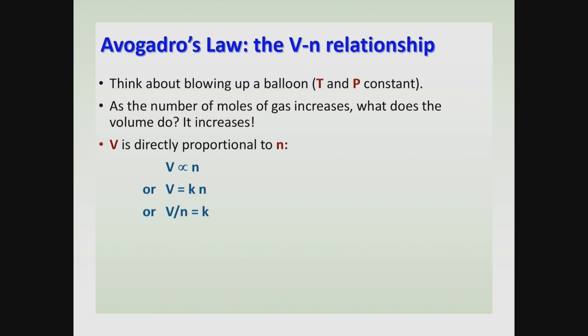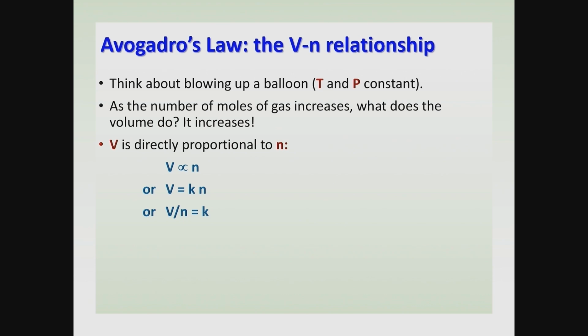And so we can write that in a pretty simple equation: V is proportional to n. Now, what you might remember is if you wanted to, you can turn that proportionality into an equality as long as you add some kind of numerical constant. So if V is proportional to n, you can also write V is equal to a constant k times n.